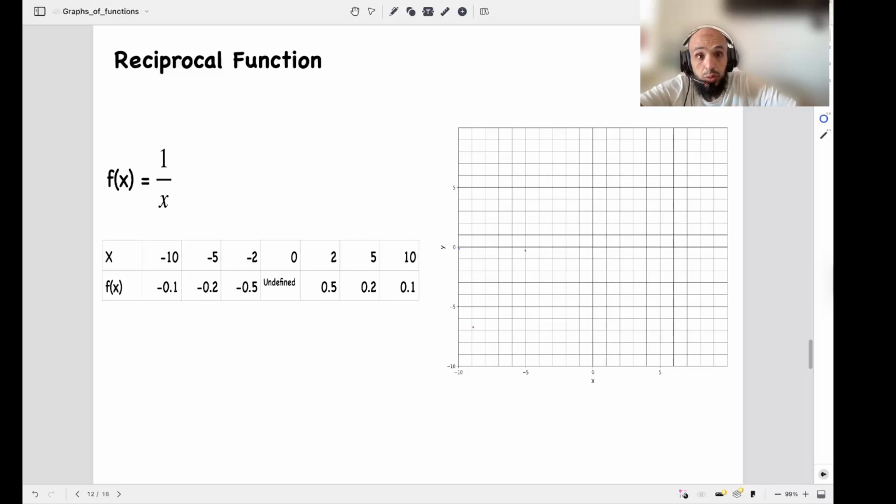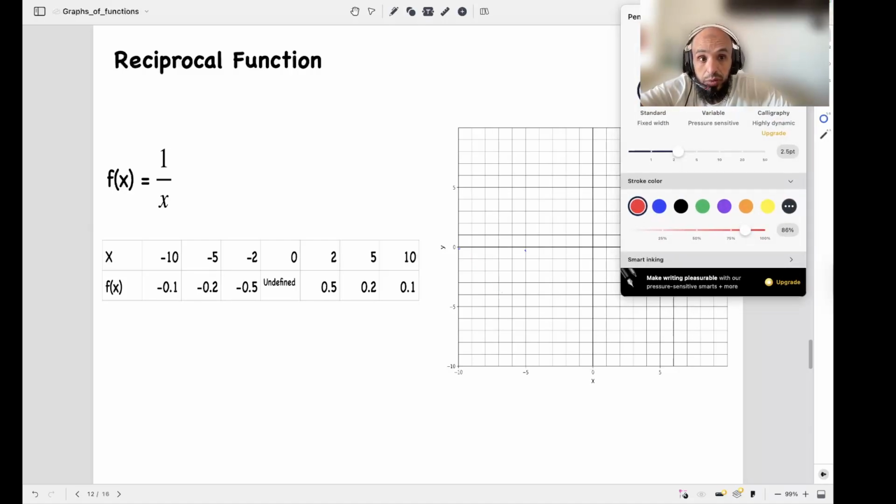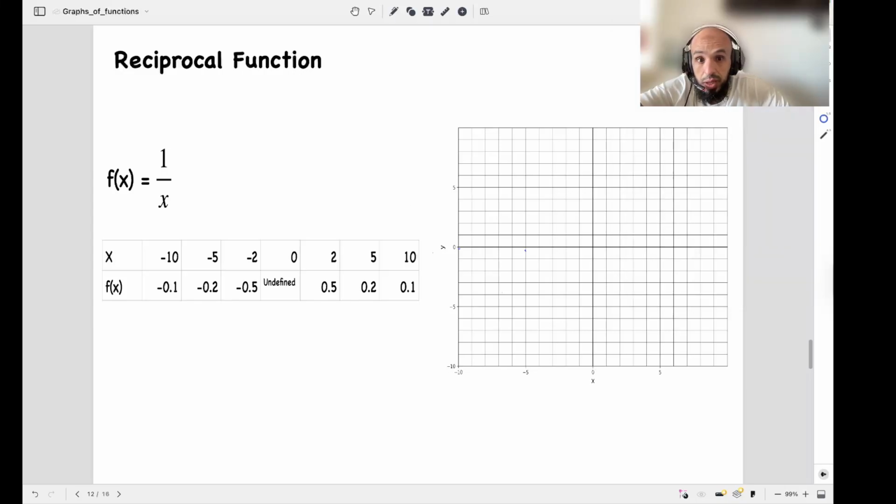So if we go to the final function that we are going to talk about, which is the reciprocal function. The reciprocal function is an interesting function where its most basic form is f of x is equal to 1 over x. So if we take some values, for example, when x is equal to negative 10, its y value, or f of x, is going to be equal to negative 0.1.